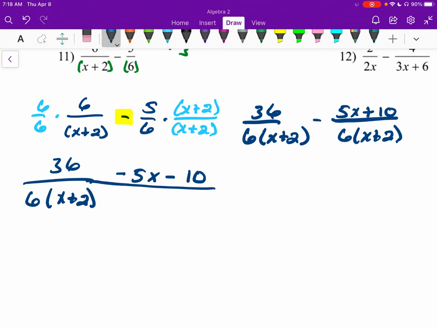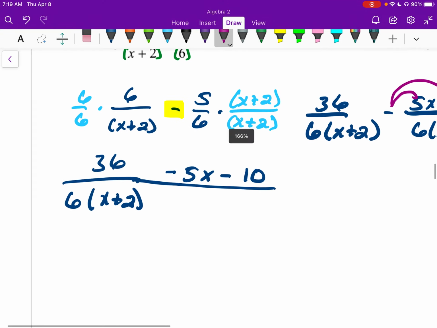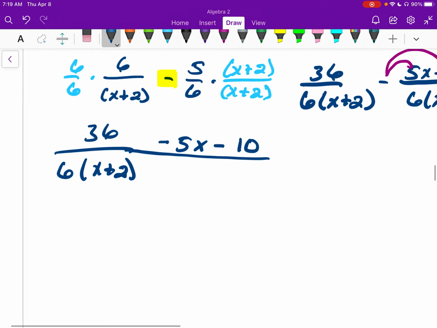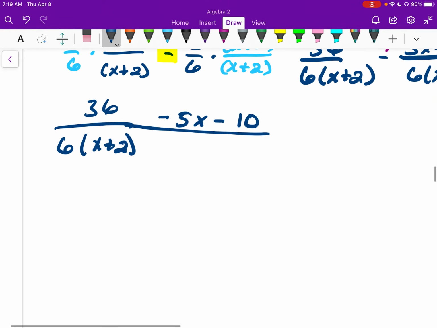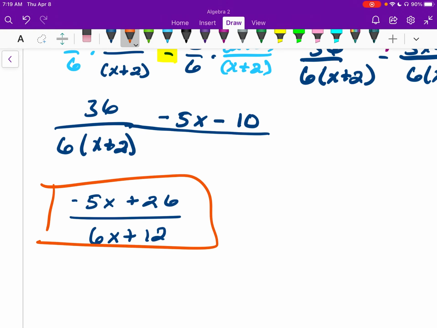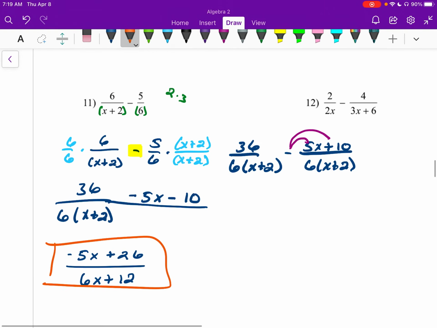That was the intermediate step, and that negative goes to both of those. Now we can combine like terms and simplify that denominator, and we will have negative 5x plus 26 over 6x plus 12. And there we are.